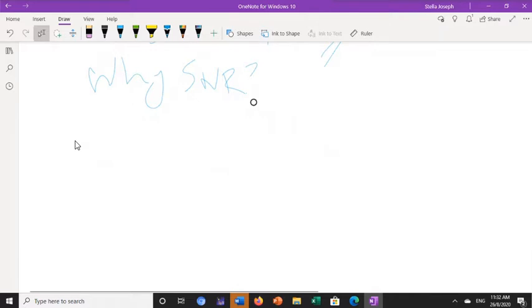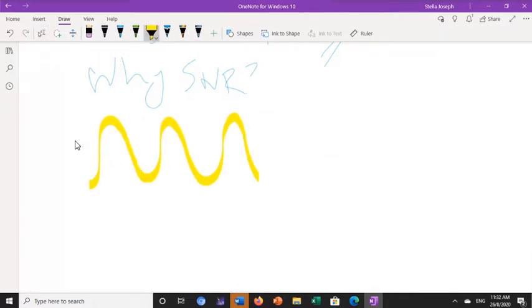Normally if you are transferring a sinusoidal signal, and the signal is like this, noise is what you receive on the receiver side, and the third signal is proper. I'll draw like this.